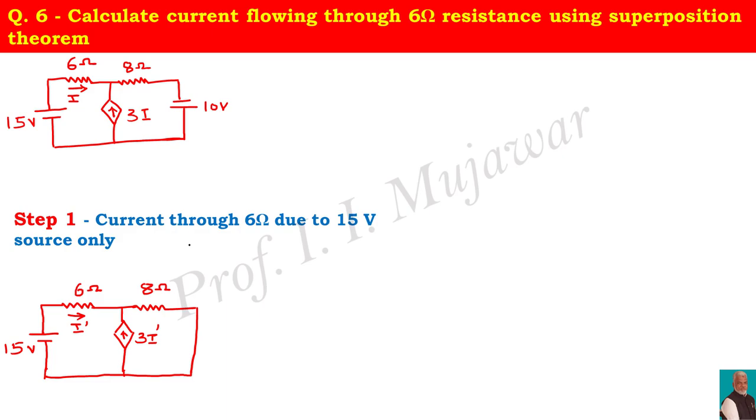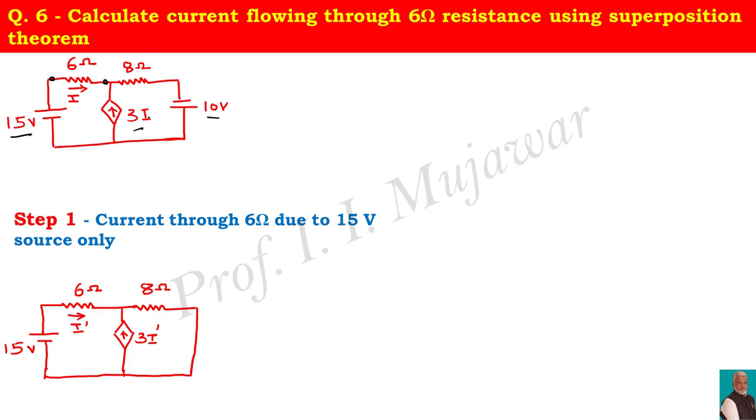The problem statement is: calculate the current flowing through the 6 ohm resistance using the superposition theorem. The circuit includes 3 sources: 2 independent voltage sources, 15 volt and 10 volt, and 1 current controlled current source.